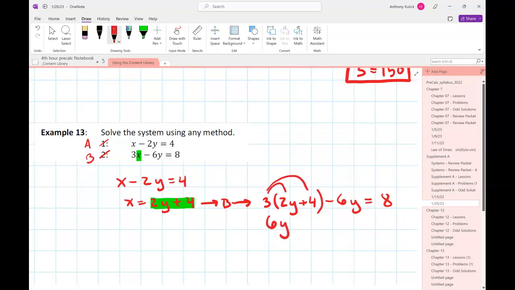So now I'm just going to simplify things. I'll distribute the 3 through and combine my like terms. So 6y minus 6y is 0, and I'm left with 12 is equal to 8. What's that mean? No solution.